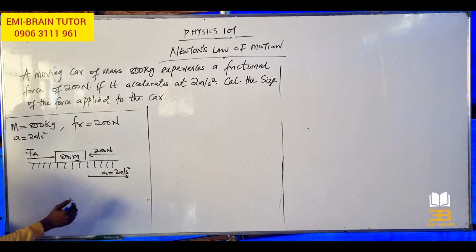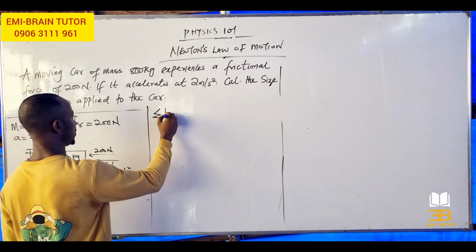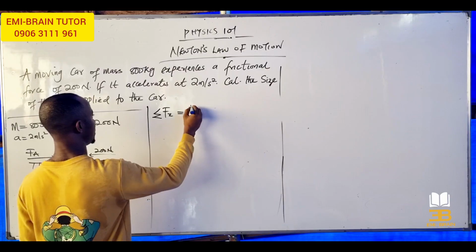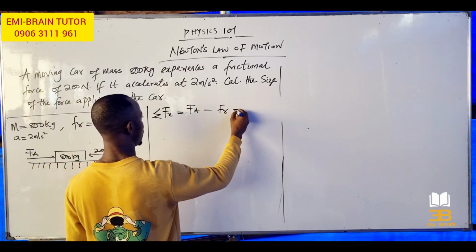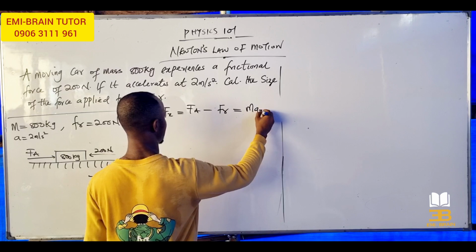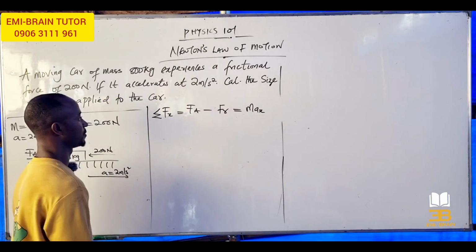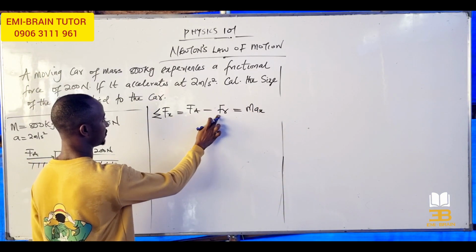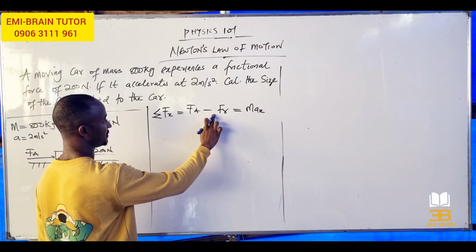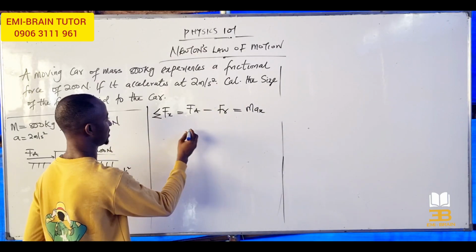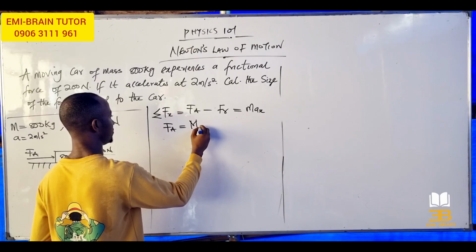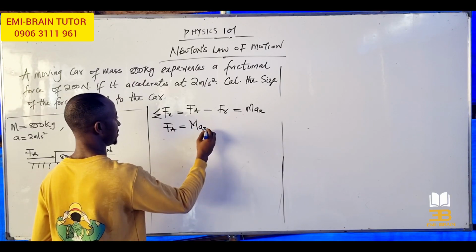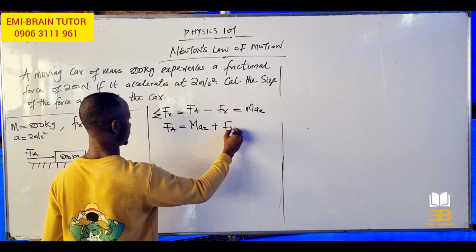But don't forget that the sum of all forces along the x-axis is simply the applied force minus the frictional force, all equals to mass times acceleration along the horizontal axis. So for me to find the applied force, I have to move the frictional force to the other side, and it becomes positive, right? So my applied force is simply mass times acceleration plus frictional force.